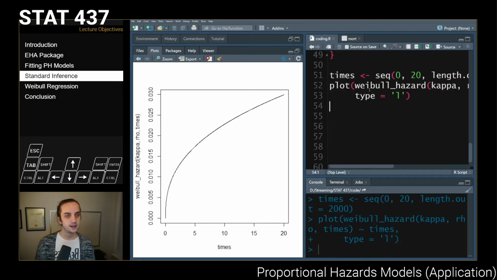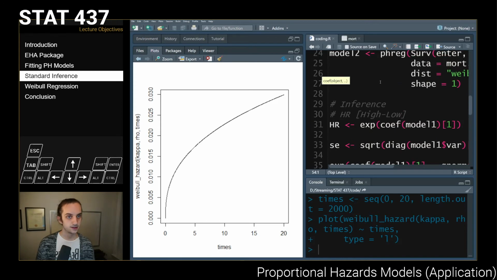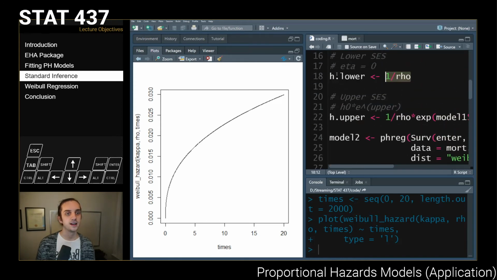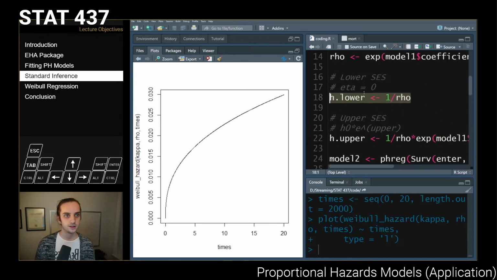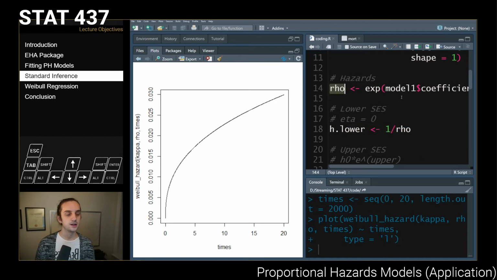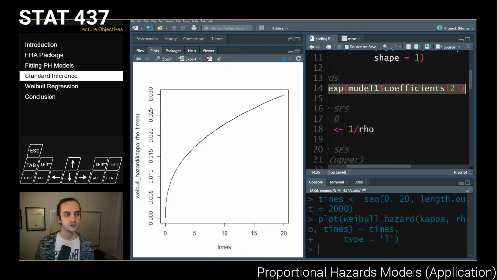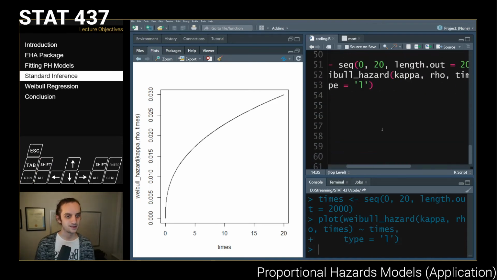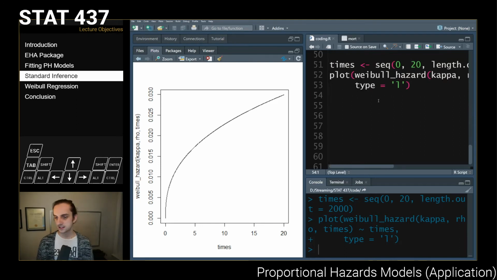Now, in the case of the exponential distribution, we know that the exponential distribution has a hazard over the whole distribution of simply 1 over this rho, right? But we've overwritten rho, and so I'll come and grab this here. Alongside this, I want to add it with lines so that it plots on the same plot.